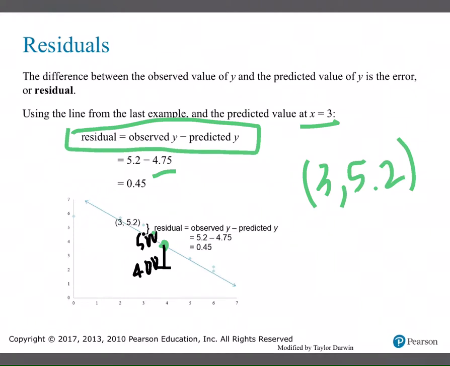You made $100 less than what they thought you were going to make. But the opposite could happen. You could sell it for $600 when they thought it was $500. So your residual is positive $100 because you sold it for $100 over what they thought you were going to sell it for.